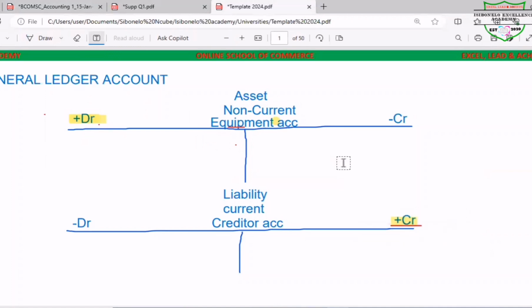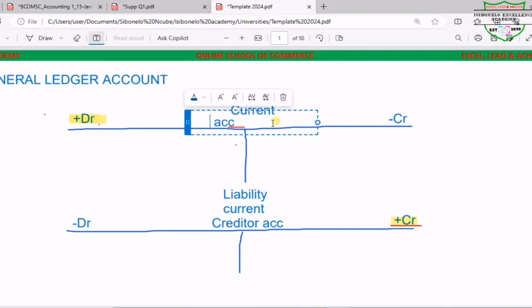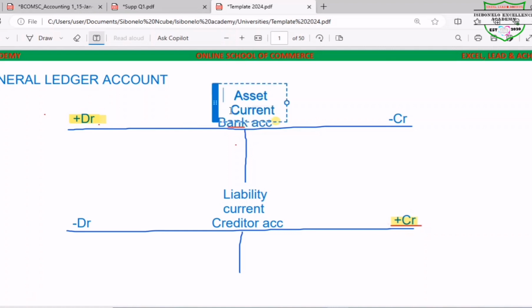on the T account. The first account affected is bank, and we know that bank is classified as current assets.